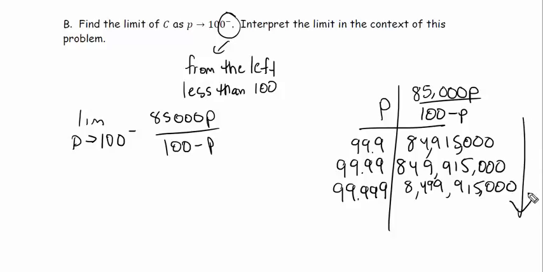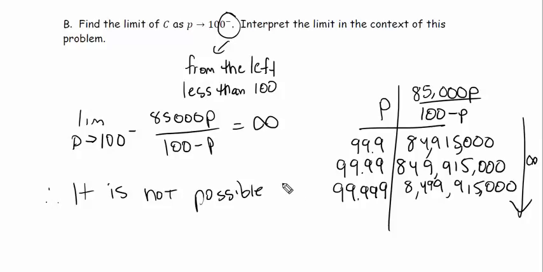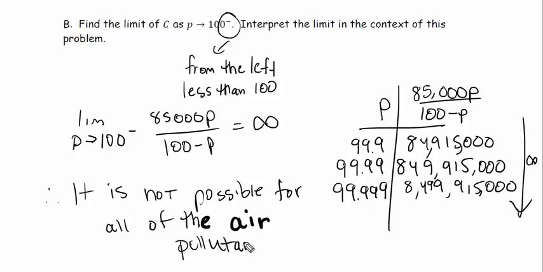You can see that these are getting astronomically large, so this will be infinity, meaning that it is therefore not possible for all of the air pollutants to be removed.